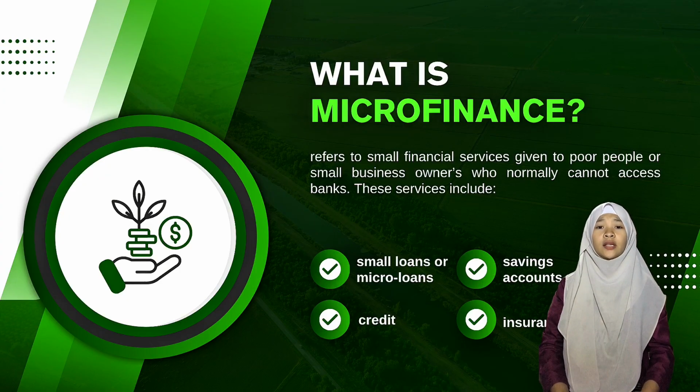Kiva started as a small project that connected lenders and borrowers from around the world. Through Kiva, people can lend small amounts of money directly to individuals in poorer countries who need help starting businesses, farming, or supporting their families.